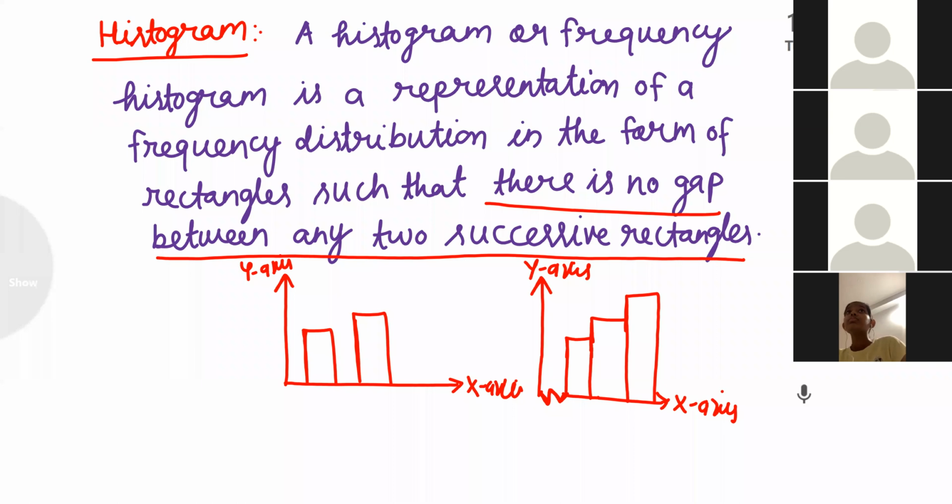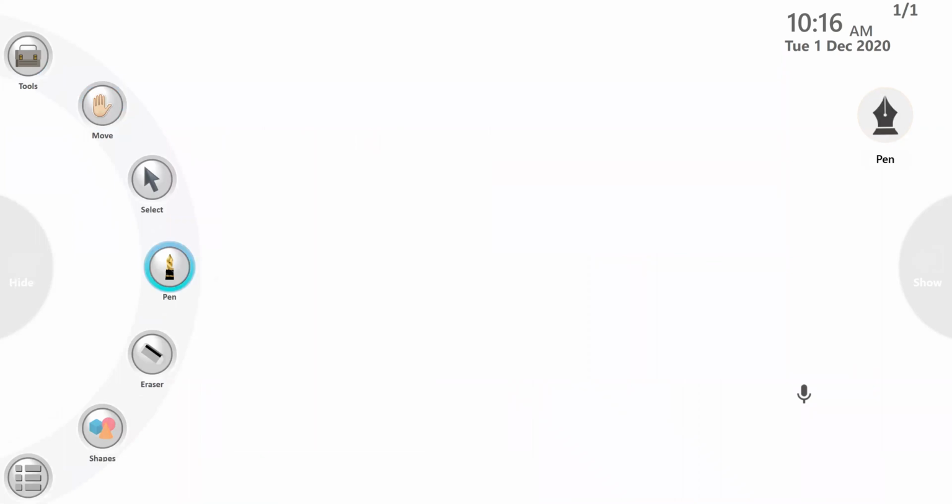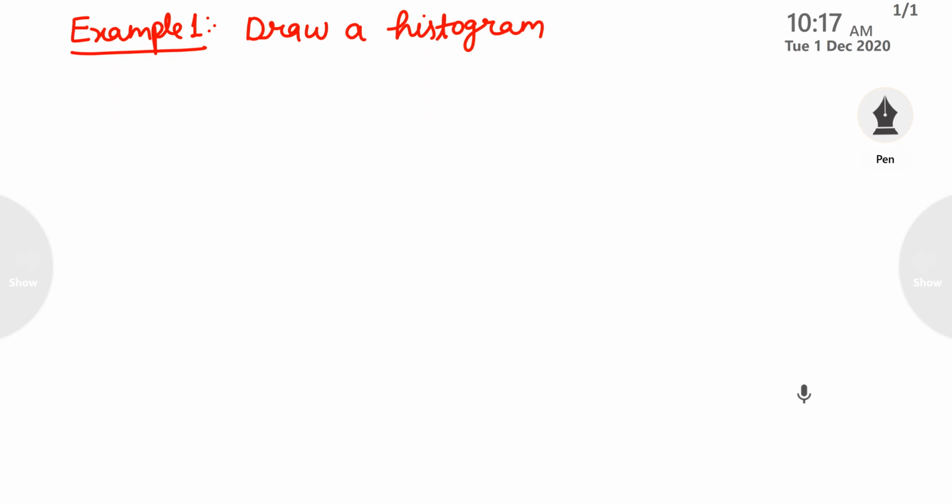Example 1. Draw a histogram of the following distribution.